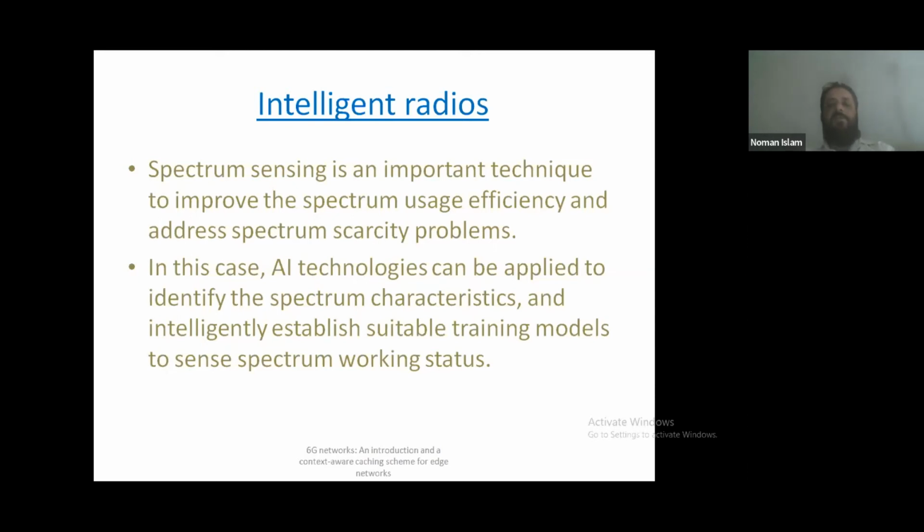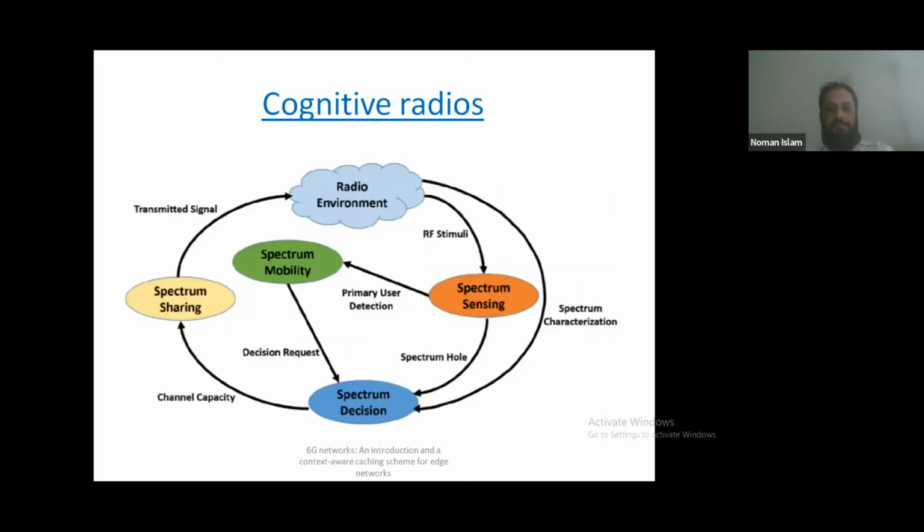So if the AI predicts that a particular spectrum is not going to be used in the future for a long time, then the secondary user can opt for that particular spectrum. And similarly, AI technologies can be used for spectrum characteristic determination and using machine learning to predict the status of a spectrum in the near future.